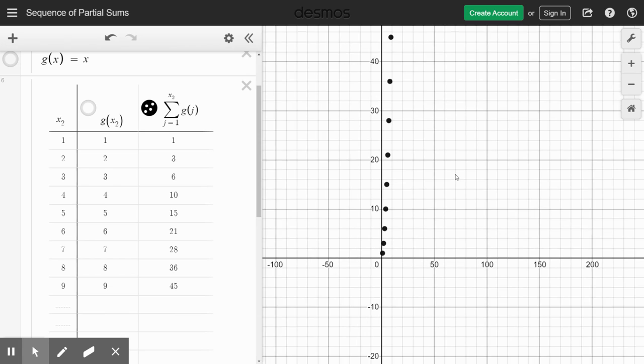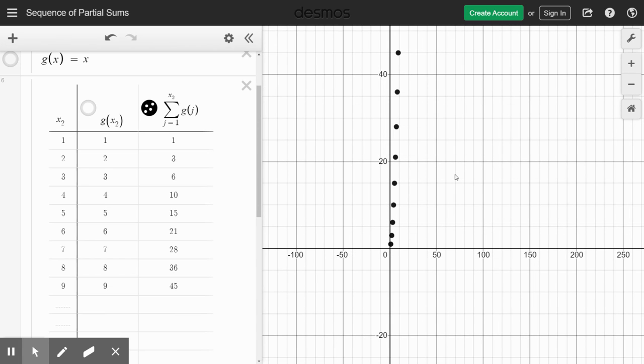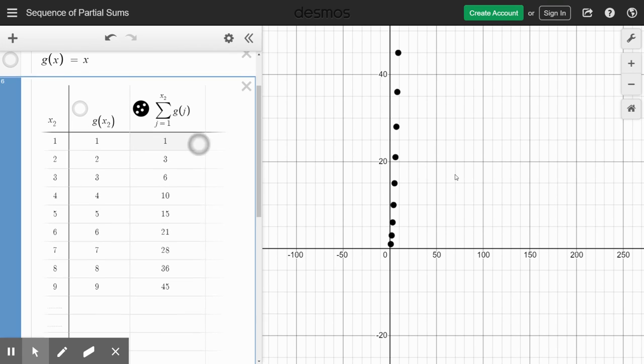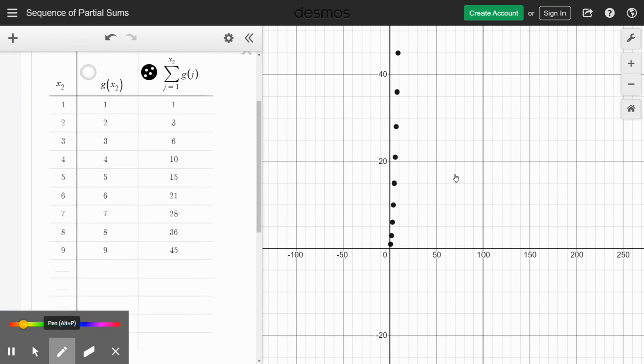So this is the location of the first partial sum, the second, the third, the fourth, the fifth, the sixth, the seventh, the eighth, and the ninth. And if you're still confused as to how we get those locations, the way that we would locate it here is a coordinate point.